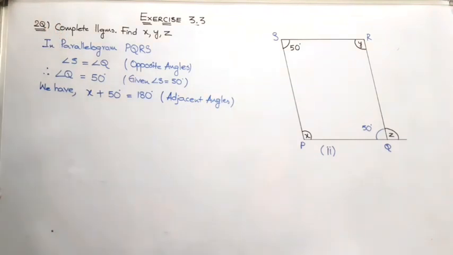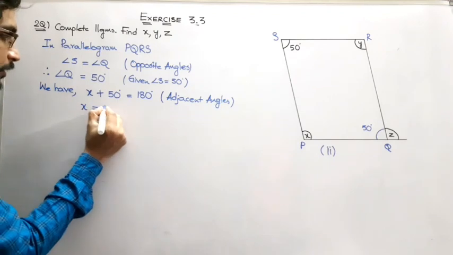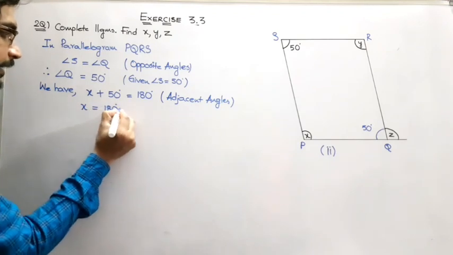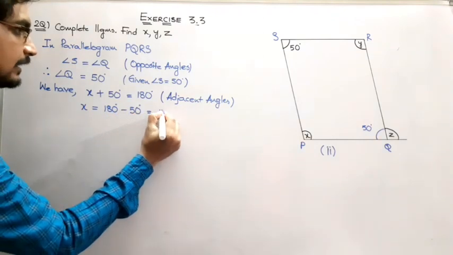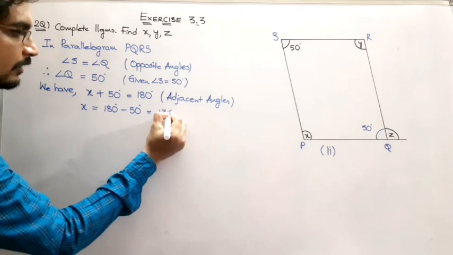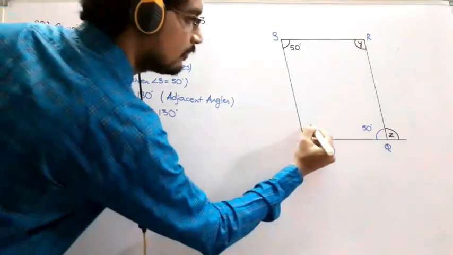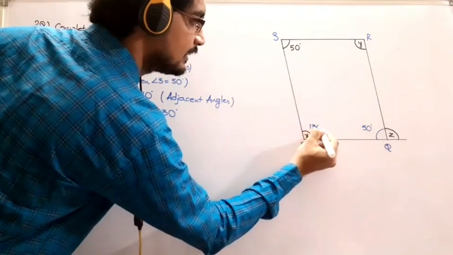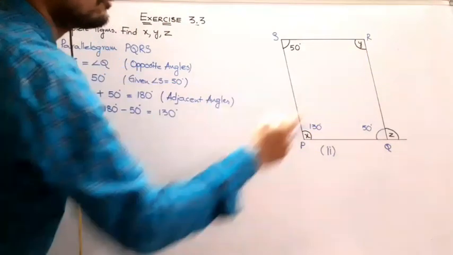Now we want only the value of X, through which X is equal to 180 degrees minus 50 degrees, which gives us 130 degrees. Okay, the value of X is 130. We have now the value of angle X as 130 degrees. If X is going to be 130, then what is the value of Y?